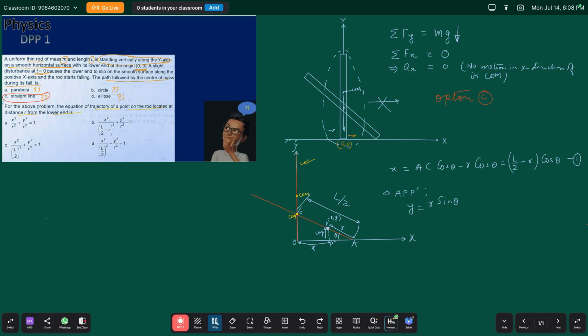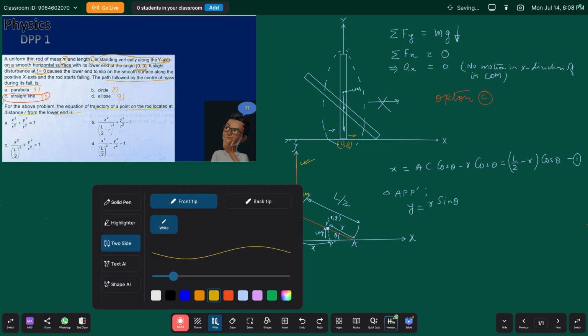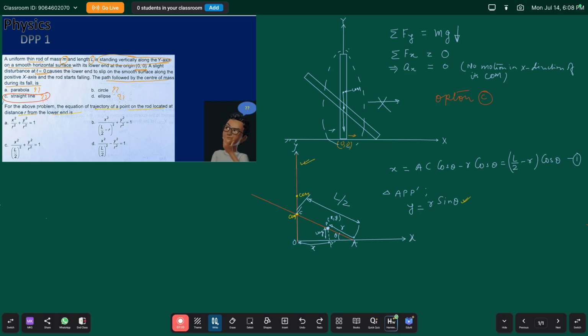This is equation 2. To obtain its trajectory, we will have to eliminate theta from these two equations.